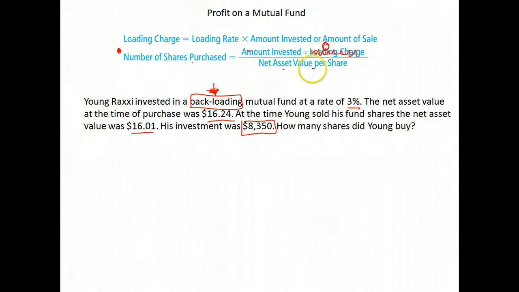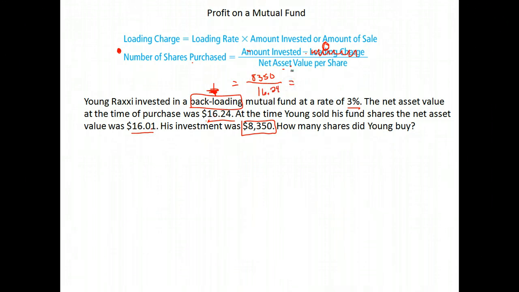If it's a type B fund, it's backloaded, so your loading charge in those cases would be 0. So really we're taking the amount he invested, $8,350, dividing by the net asset value per share. Now they gave us two, one at the time of purchase and one at the time of sale. We want to use the one at the time of purchase because we want to know how many we purchased.